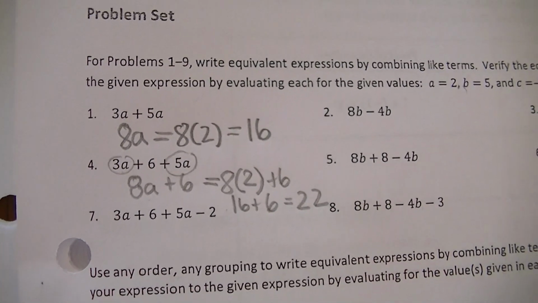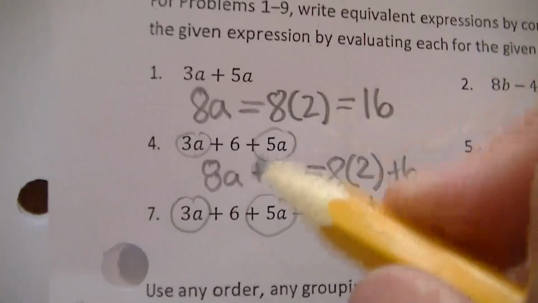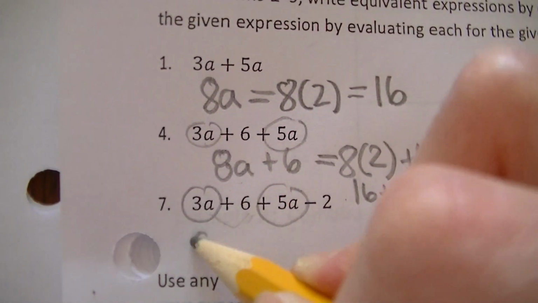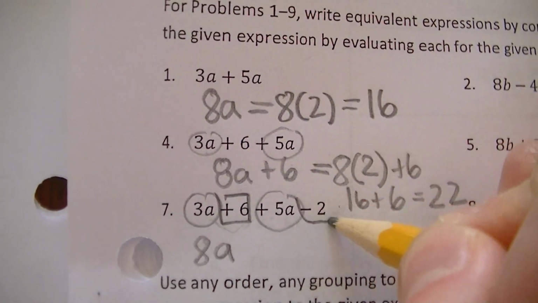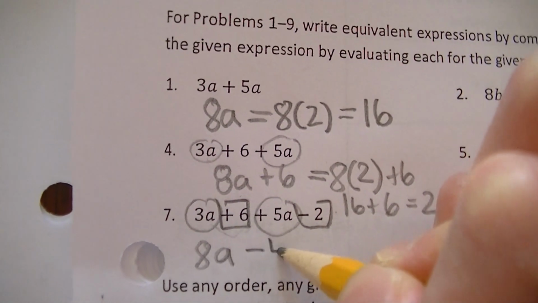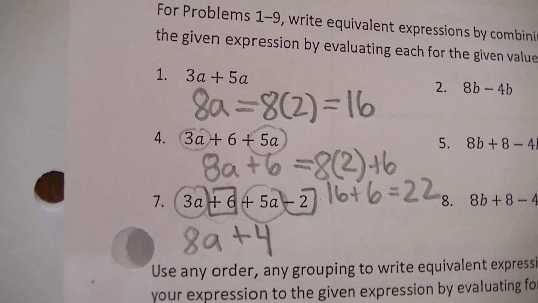Okay, and right here, combine those like terms, 3a plus 5a, that right there is 8a, then that positive 6 minus 2, 6 minus 2 is a positive 4, okay?